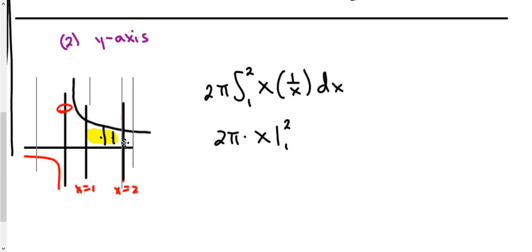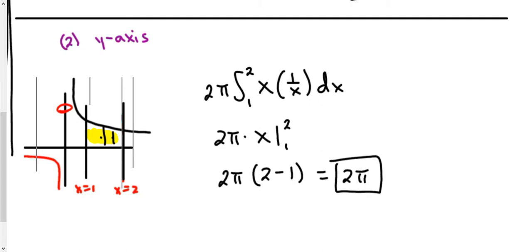It would be a lot more work. This is very simple. So it's 2 pi times, plug 2 in there, we get 2, minus plug in 1, we get 1. So we get 2 minus 1 is 1, times pi, we get 2 pi cubic units. There's our volume. Okay, shell method is very nice for vertical axis of revolution.